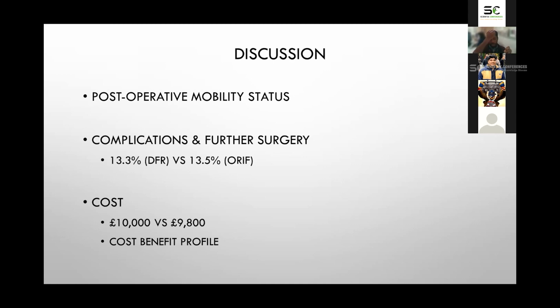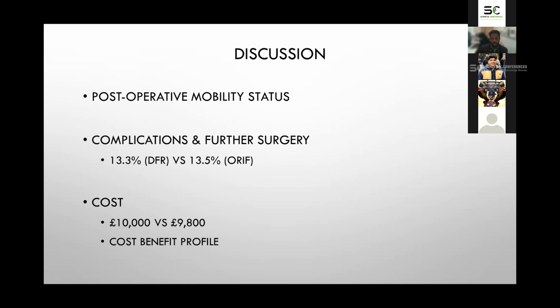Another study found there were no complications in the DFR cohort, compared to 1 failed fixation, 6 non-unions, and 2 infections in the fixation cohort. The risk of further surgery on average was similar between the two, 13.3 versus 13.5%. However, the risk of complications was lower with distal femoral replacement.